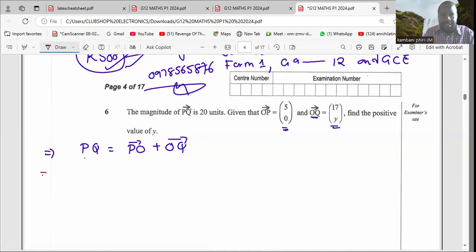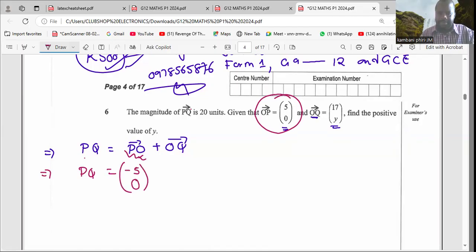So what does this mean? PQ is equal to, what is our PO? Here what we have is OP, but here I'm talking about PO. So these are opposite. Because of being opposite, I'll introduce negatives to these numbers in this matrix. So I'll have -5, 0, you can't have -0, plus, what is our OQ?